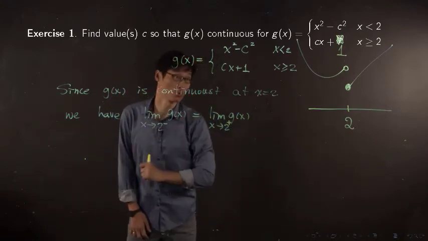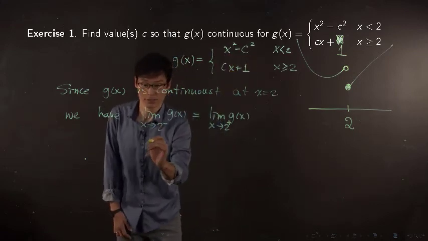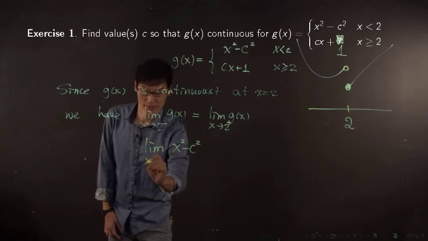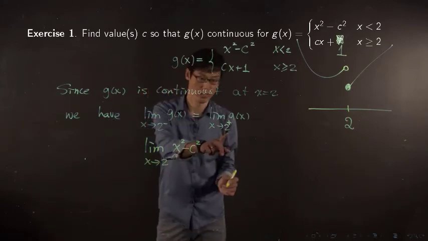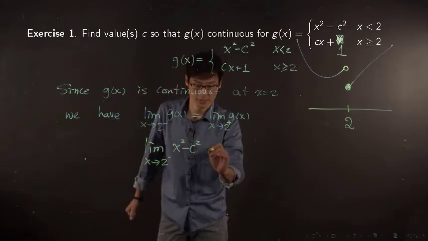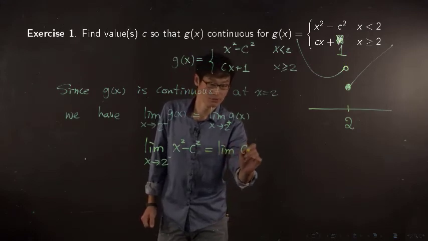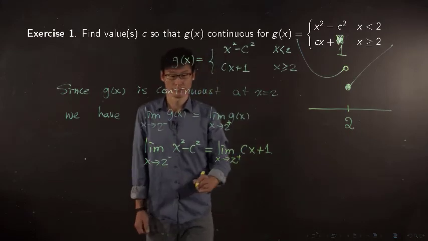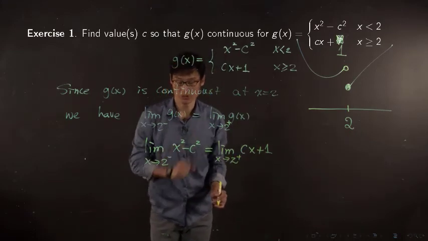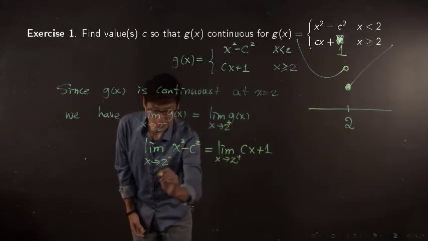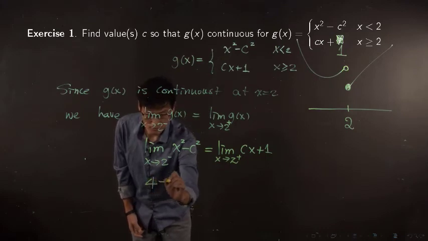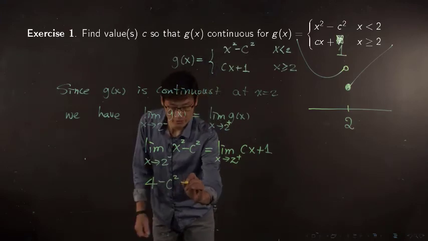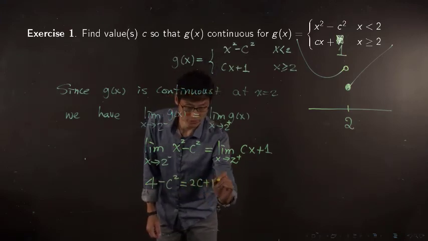When your x is less than 2, we use the quadratic function, so the limit of x squared minus c squared is simply 2 squared minus c squared. And when your x is greater than 2, we use this linear function, and when you plug in 2, we have 2c plus 1.